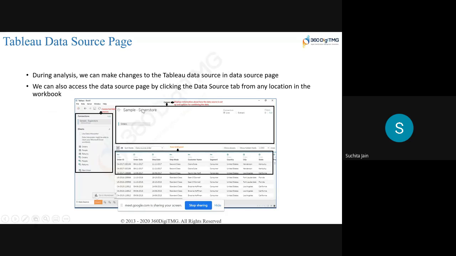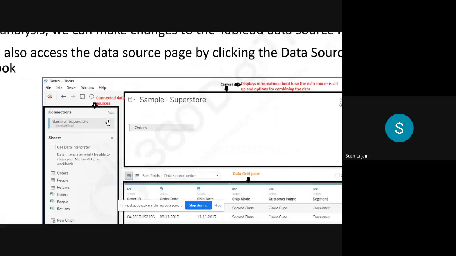This is how your workbook area looks. So this is sample Superstore data. Now, connected data source. Here it is showing the connected data source. It has pulled in all the information from the Excel sheet.